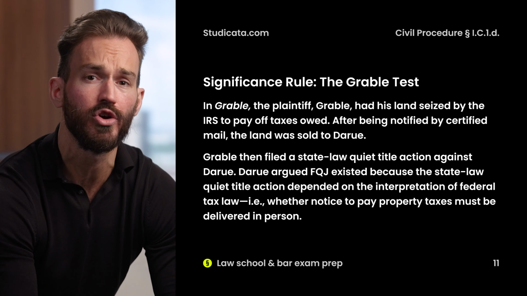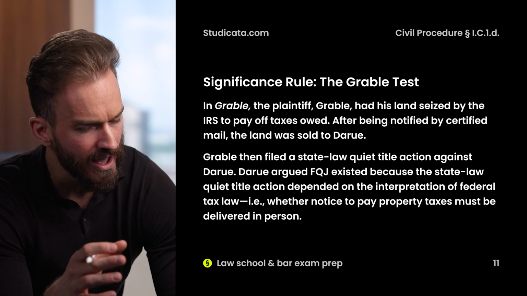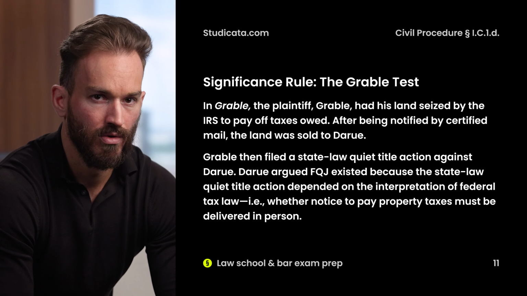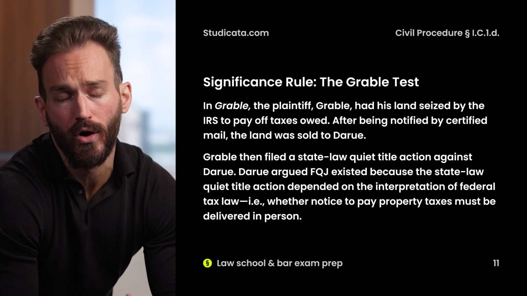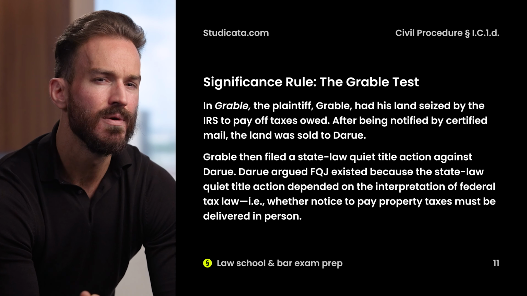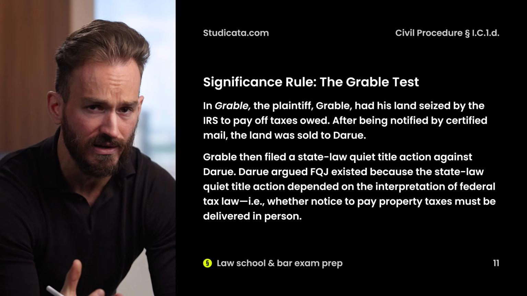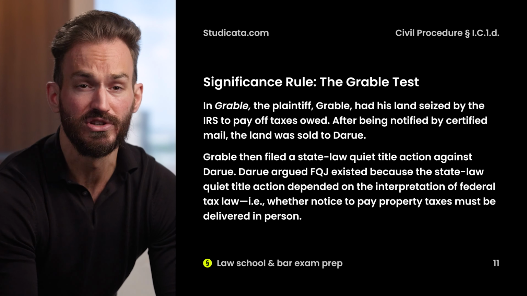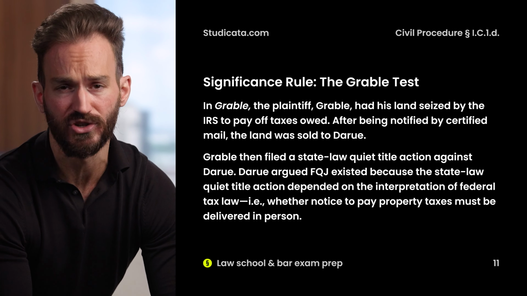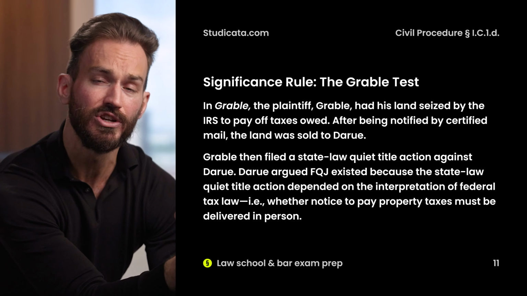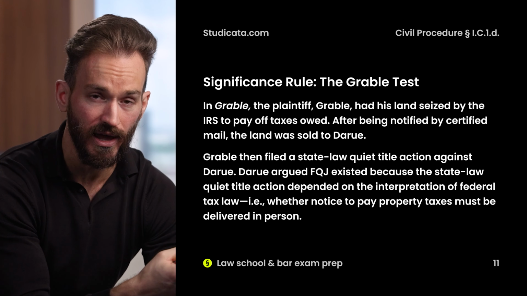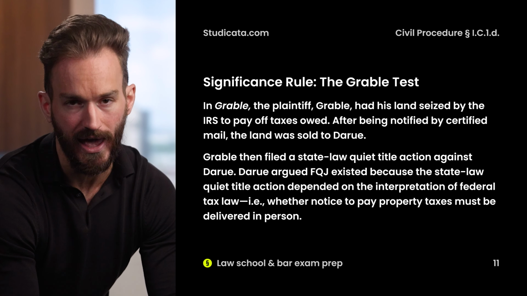This is a state law quiet title action, but we have this federal ingredient embedded in there, right? We have this federal question about the interpretation of a federal tax law, basically the requirements of notice under federal tax law. Does notice have to be delivered in person, or is certified mail sufficient? This is the federal issue in dispute that's embedded in the plaintiff's state law claim.